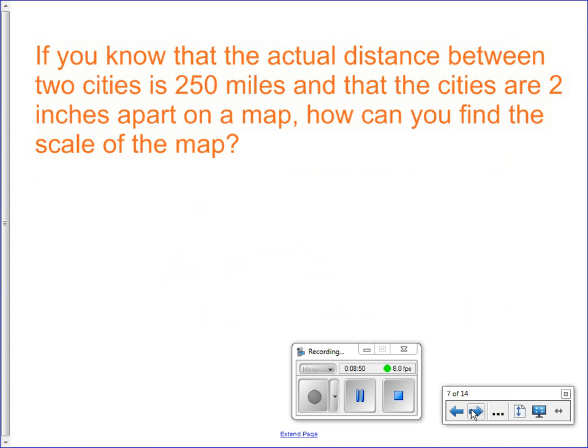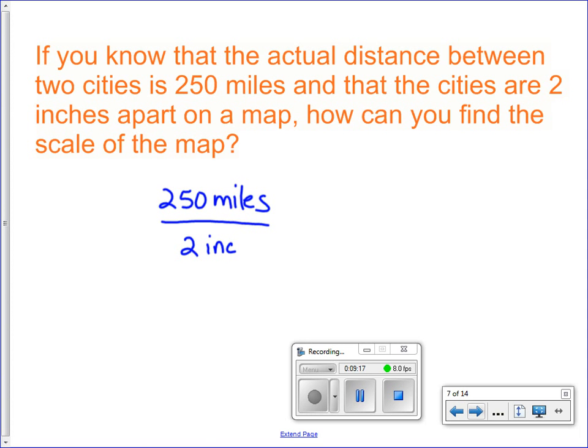All right, part 2 of this problem. If you know that the actual distance between two cities is 250 miles and that the cities are 2 inches apart on a map, how can you find the scale of the map? All right, well, this is not a difficult problem at all. We know there's 250 miles in 2 inches.